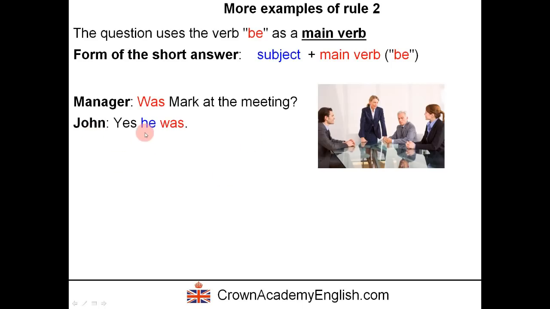John replies, yes, he was. Or, no, he was not. This is the full form. Or, no, he wasn't. This is the contracted form. And we have the subject followed by the main verb be in the correct form.